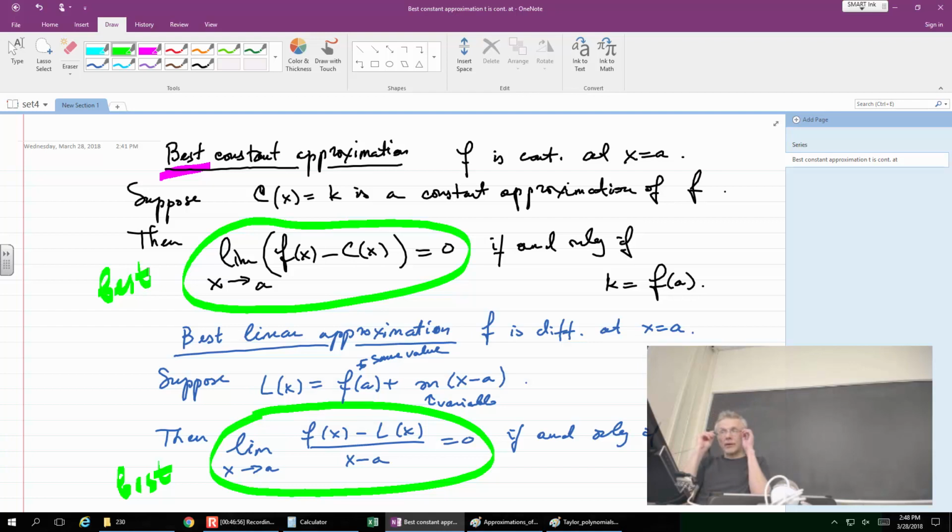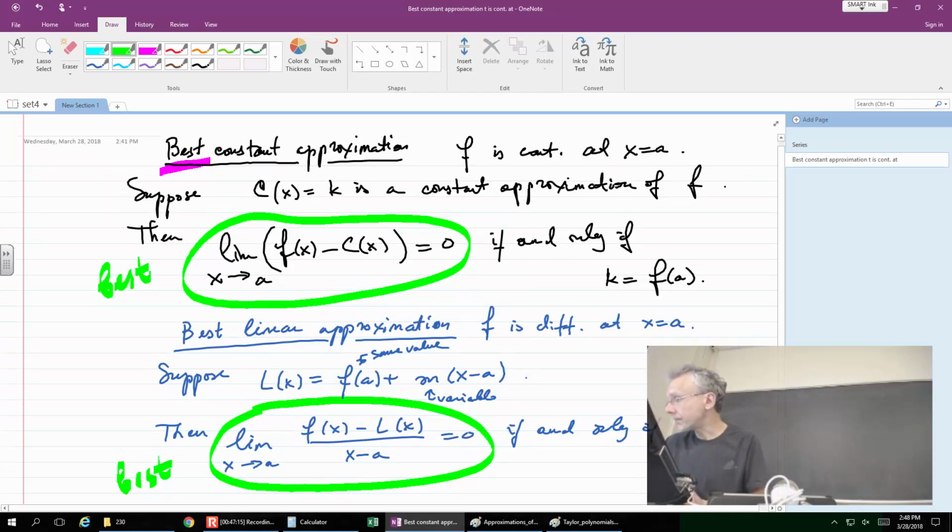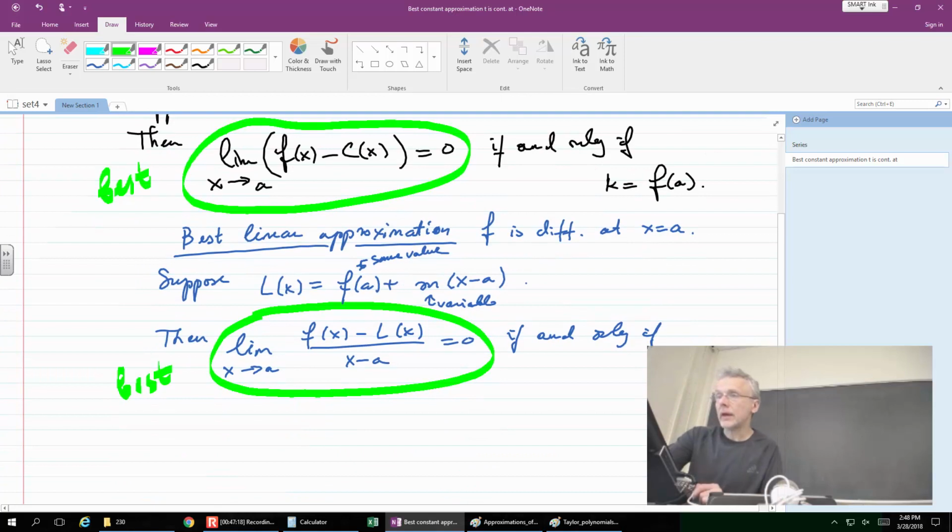As you can see, the standard of best has increased from the first result to the second. Not only is the difference going towards 0, but it goes to 0 per distance to point a, which means that it is going towards 0 faster. And if and only if, as we already know, the derivative is the same: m is equal to f prime of a.